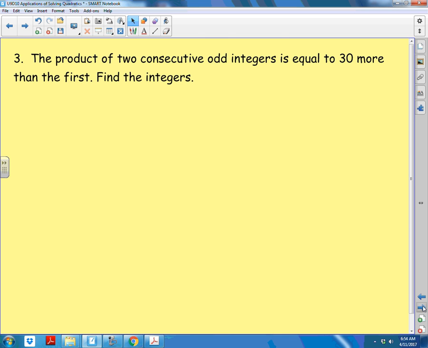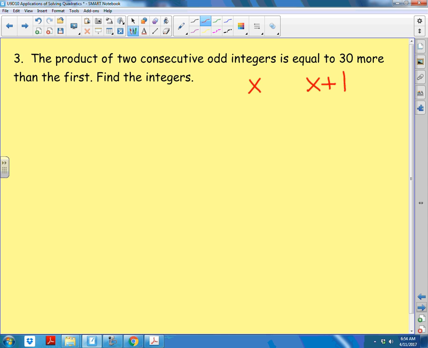Now, if you remember all the way back to Unit 3, when we were writing equations, we talked about the product of two consecutive odd integers. When we're talking about just plain consecutive numbers, if we start with x, then the next logical number is x plus 1. That would give us two consecutive numbers.